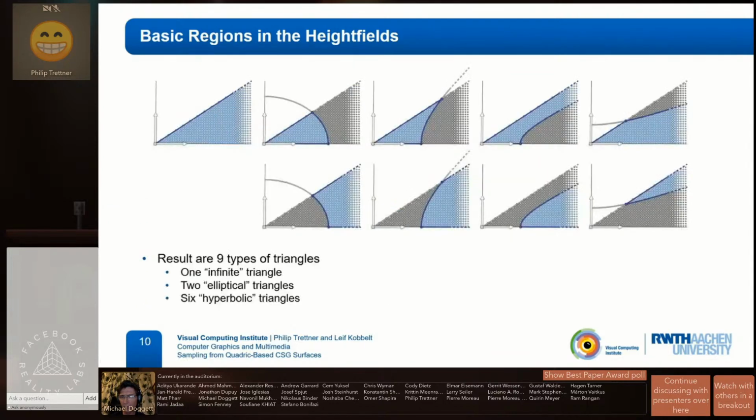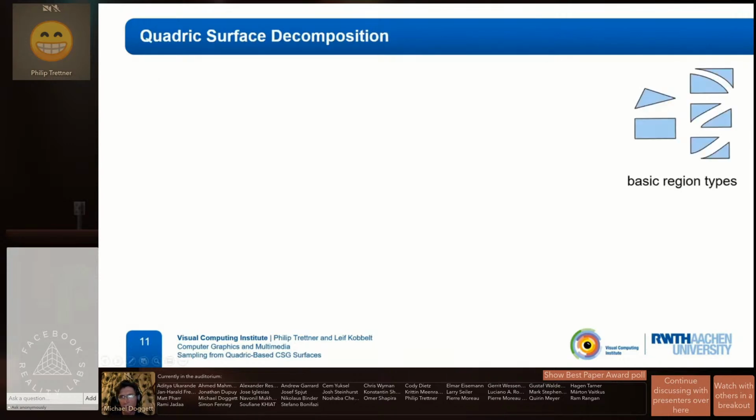So this in the end yields 9 different types of triangles, of potentially infinite triangles. And to make this easier to process, given the bounding box of the whole sphere scene, we can actually classify or subdivide the height fields into these basic regions that are now all bounded.